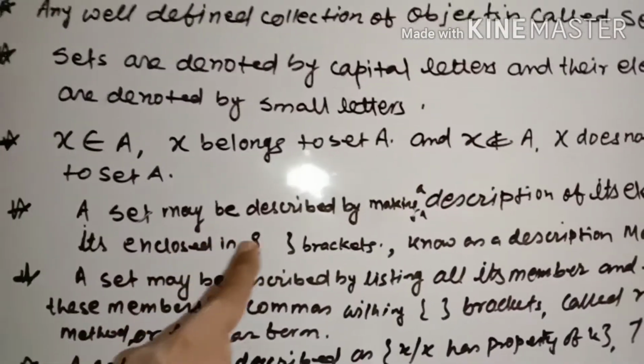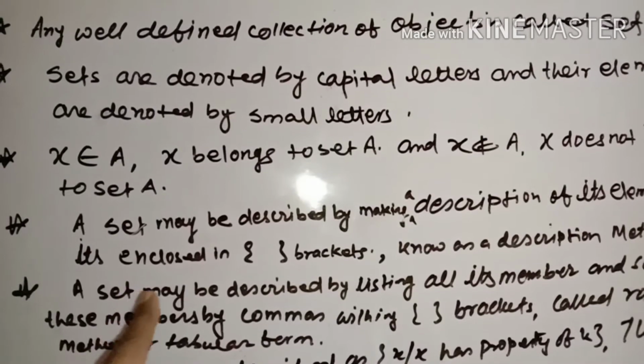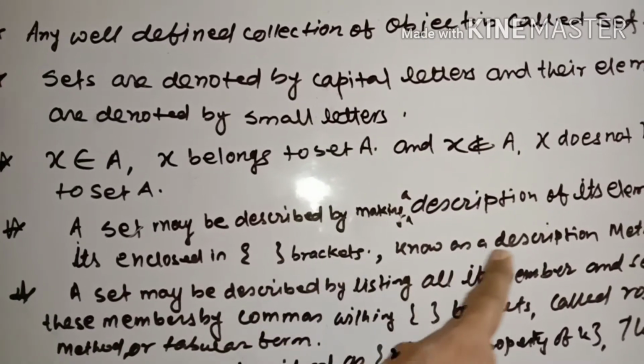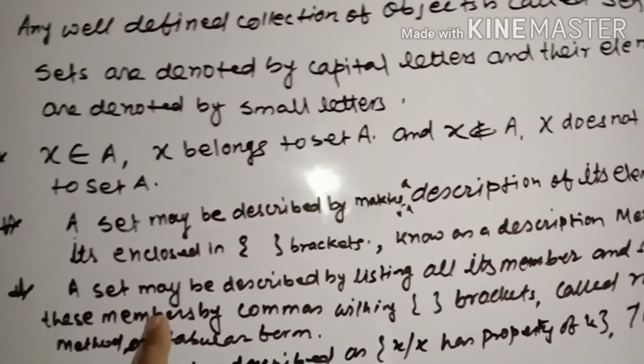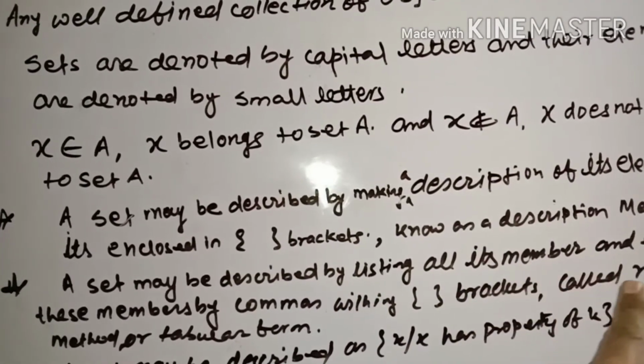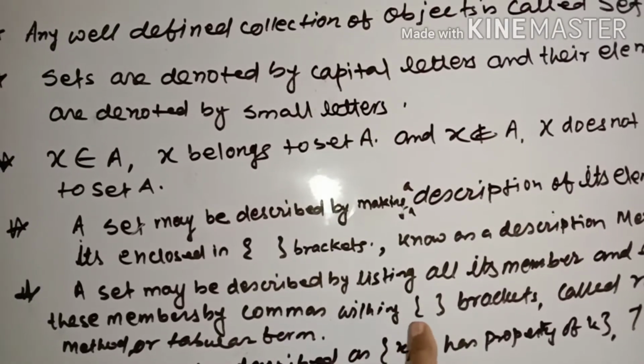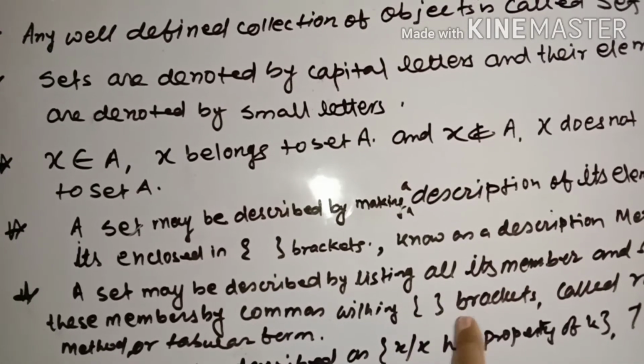A set may be described by making a description of its elements enclosed in a curly bracket, known as the description method. A set may be described by listing all its members and separating these members by commas within a curly bracket.